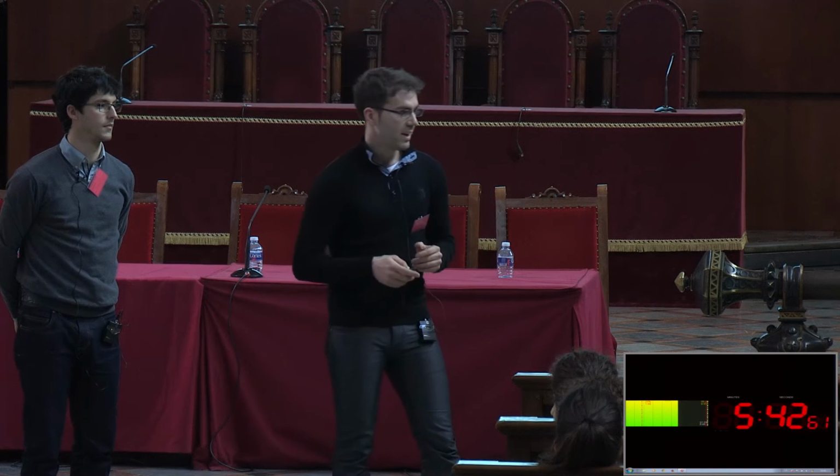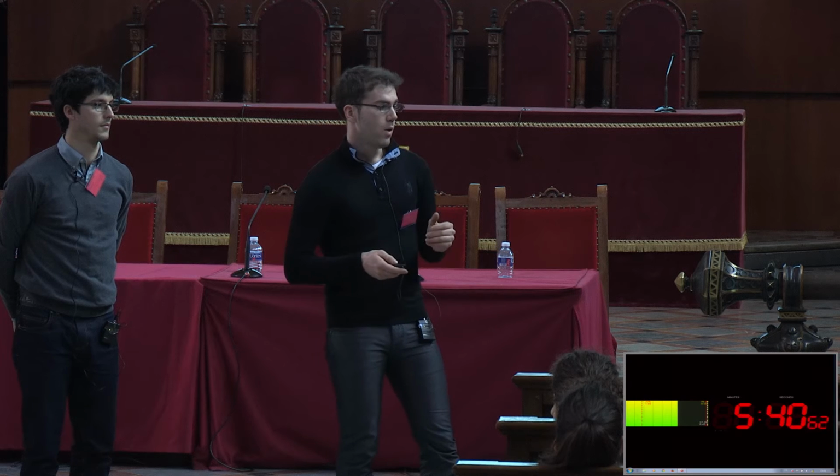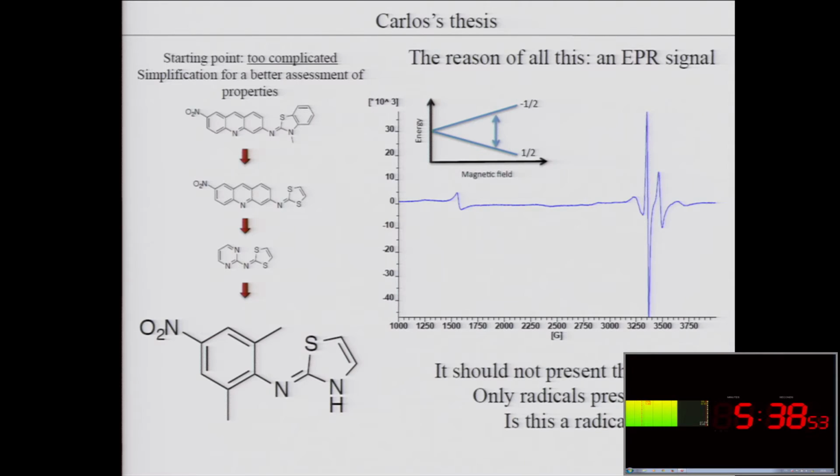But when we made the EPR spectra, we found out that they have this signal, and this signal is not supposed to be there, because this signal is not for neutral molecules. It is for free radicals. And we are not talking about free radicals, or maybe we are.